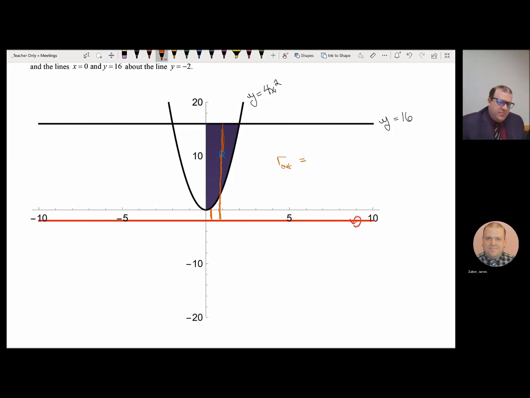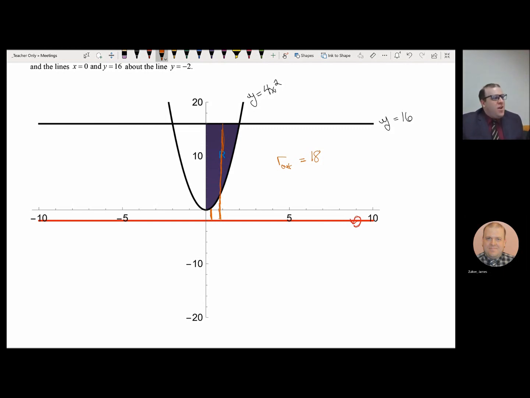Playing around. Not the diameter. No. Radius. Oh, 18. It's just 18. I didn't hear radius. Right.